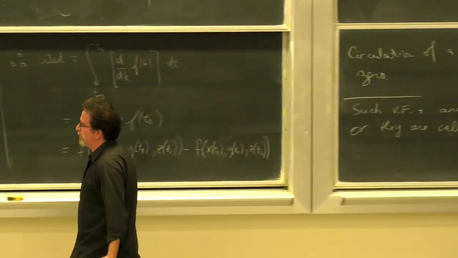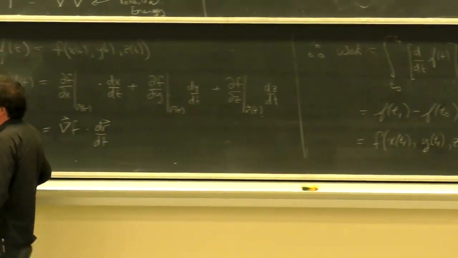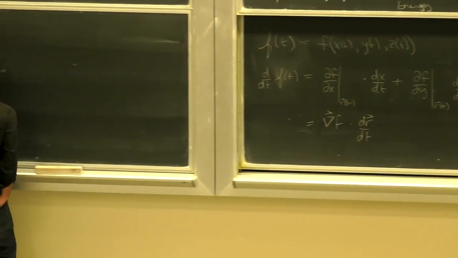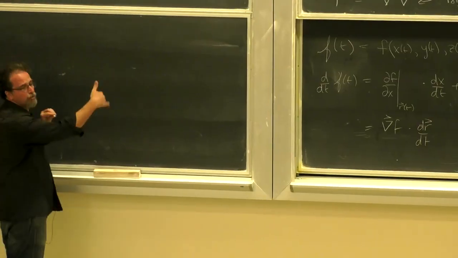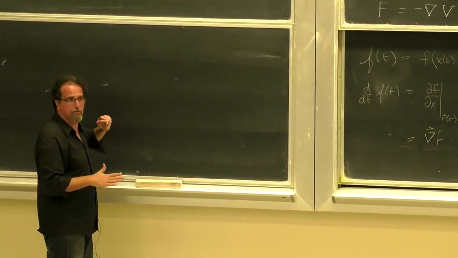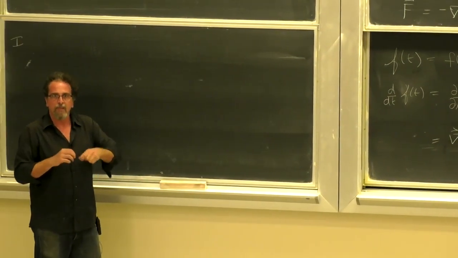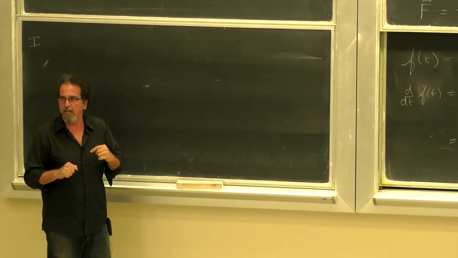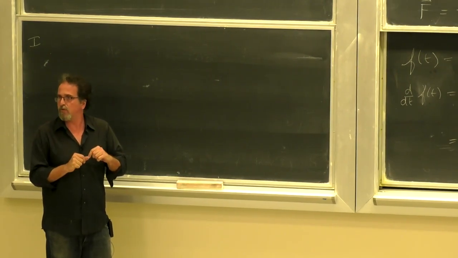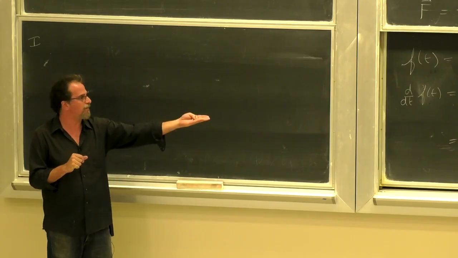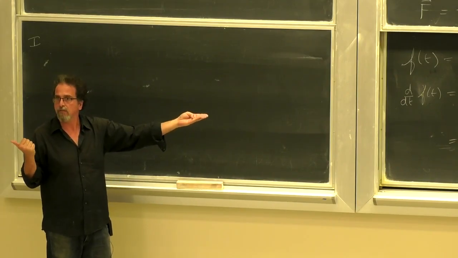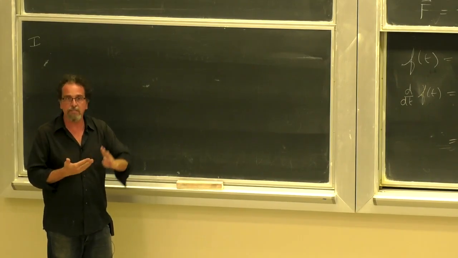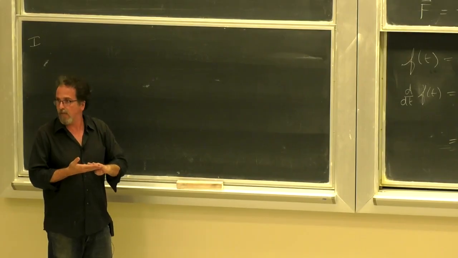Now the main question here is, so this is a powerful tool. If you can do this, this is a powerful tool. Because think about it. If I'm given a capital F and I can figure out the little f, I've essentially done the integration. Because I just got to evaluate that little f at the endpoints and I'm done. Okay? So the tool is, it would be nice to figure out little f.